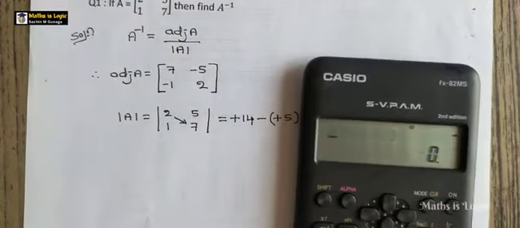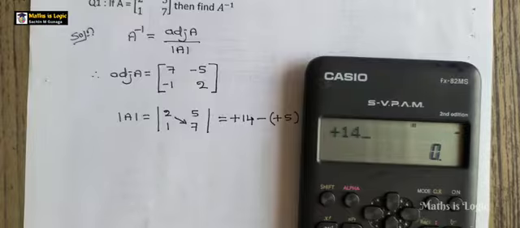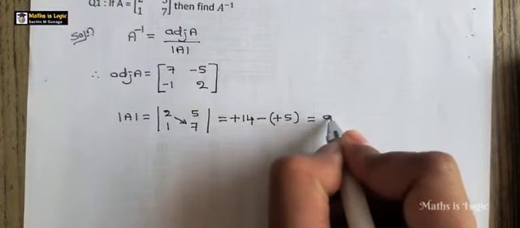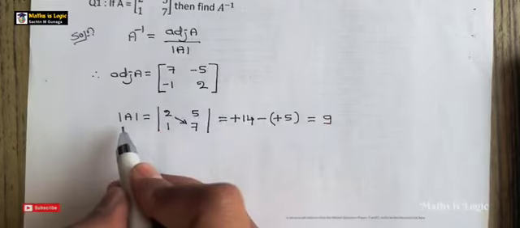Again use the calculator. Plus 14 minus of in bracket plus 5. What is the answer? 9. So write here 9. So this is the value of determinant of A.